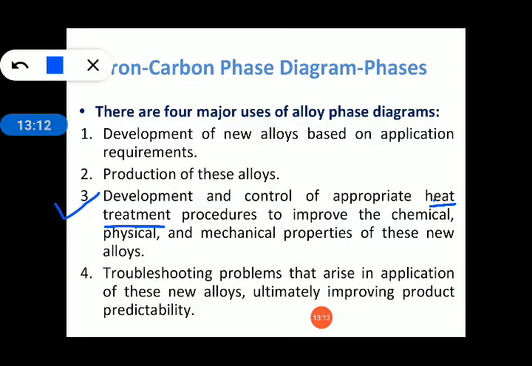Through this process you can improve the chemical, physical and mechanical properties of the new alloys and utilize those properties in your required application. Next is troubleshooting problems that arise in the application of the new alloy, ultimately improving product predictability.